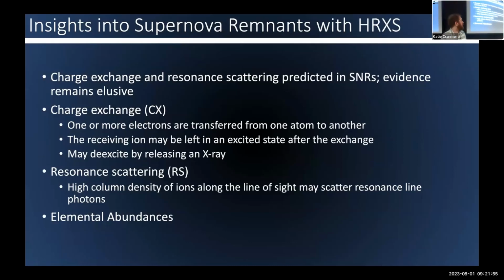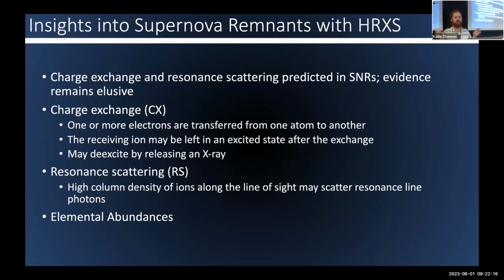So we can also measure charge exchange and resonance scattering using high resolution X-ray spectroscopy. Just as a reminder, charge exchange is when one or more electrons are transferred from one atom to another. The receiving ion or atom will have the electron left in an excited state.